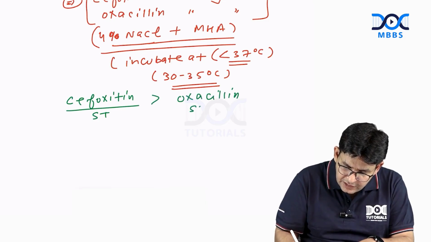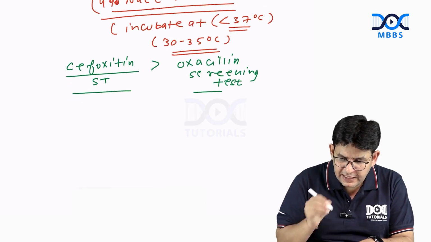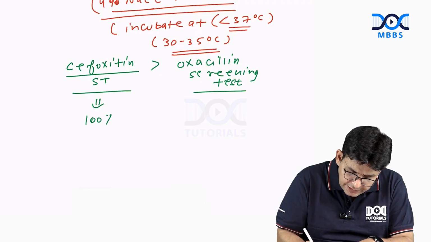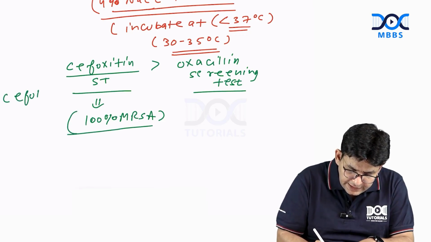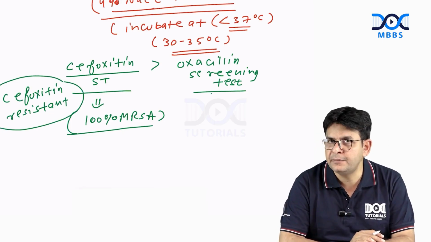Why? Because it is seen that if cefoxitin is coming resistant, in this regard you are 100% dealing with MRSA. It is said that if in the antibiotic testing this particular antibiotic is coming resistant, that means you're dealing with 100% MRSA.